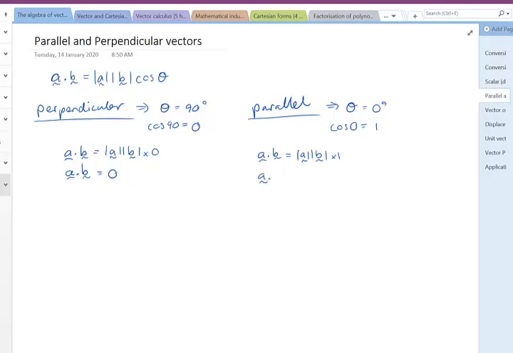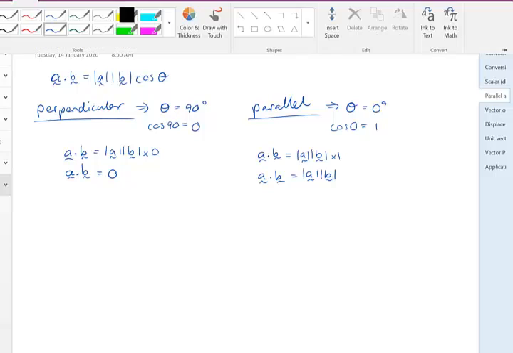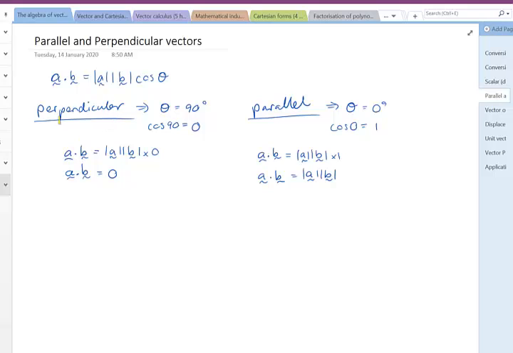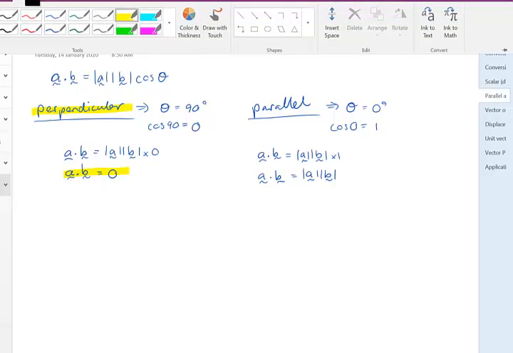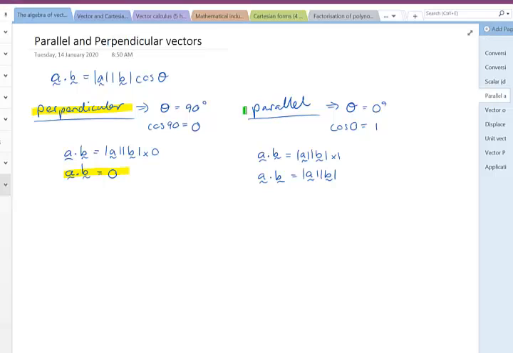So that means the dot product will be the product of the magnitudes. This is pretty important. We use these in proofs a fair bit. So it's important to remember when perpendicular, the dot product will be 0, and when parallel, the dot product will be the product of the magnitudes.